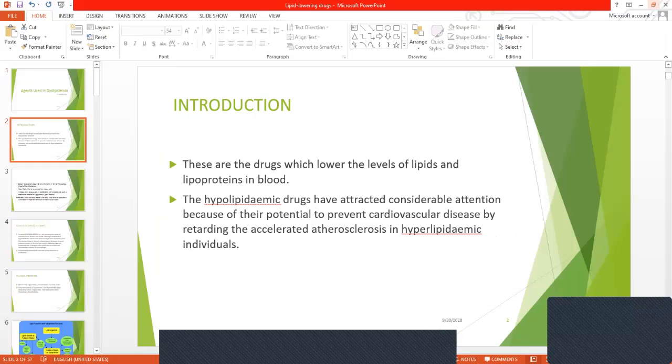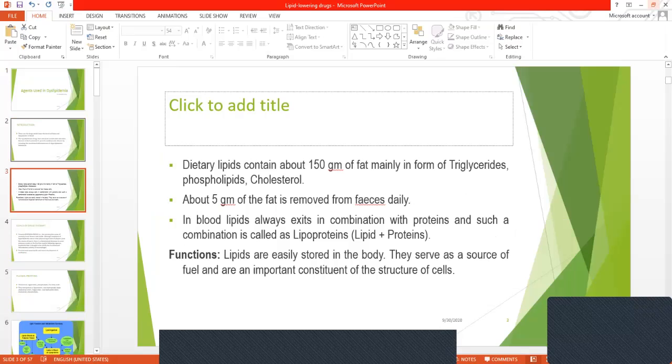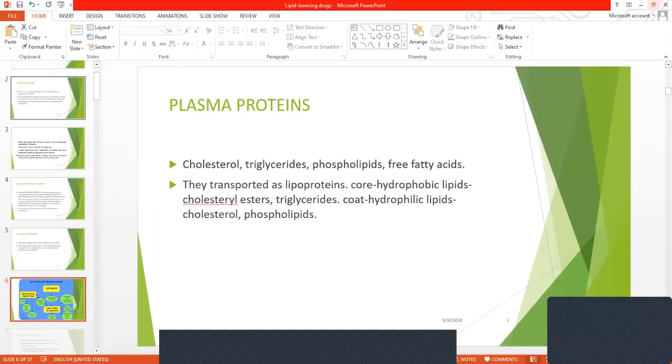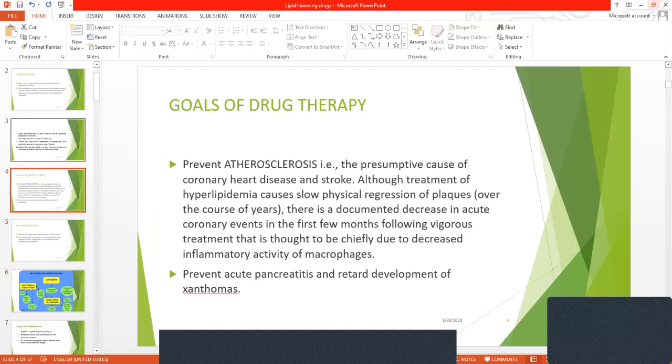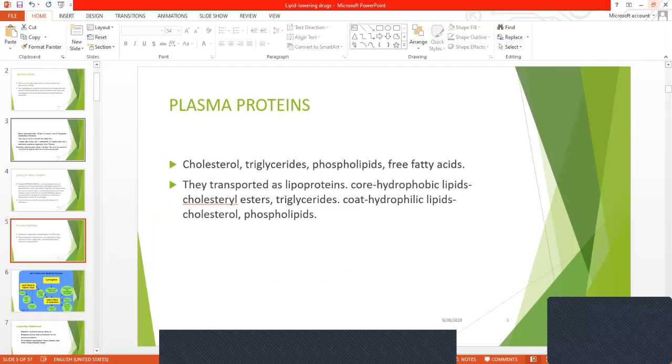So yesterday we discussed why we need drugs for dyslipidemia. The main reason why we need them is atherosclerosis and acute pancreatitis.